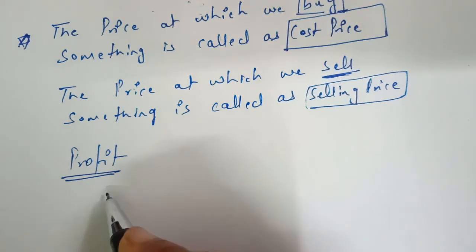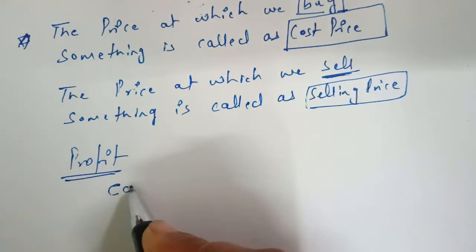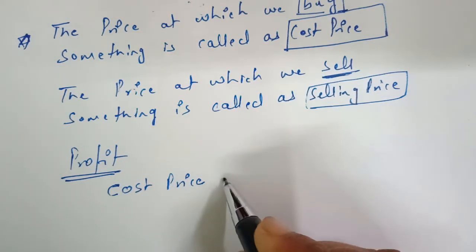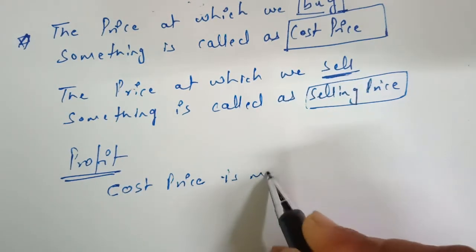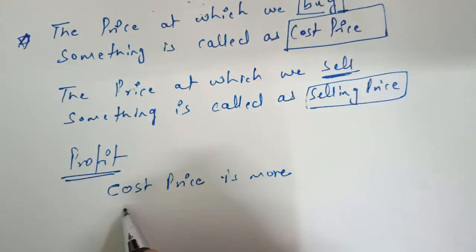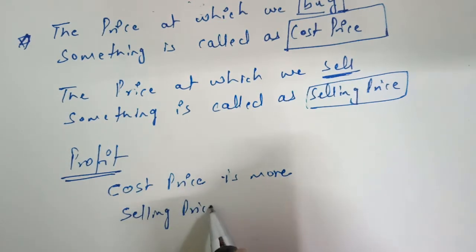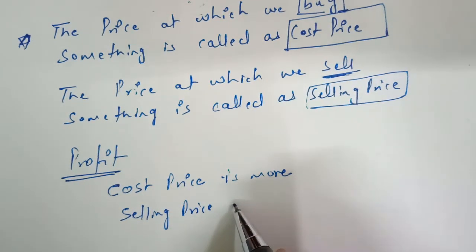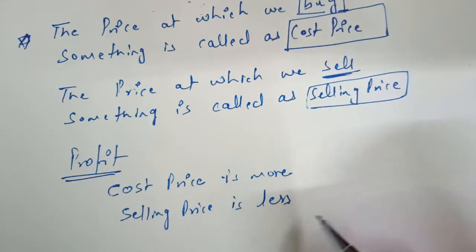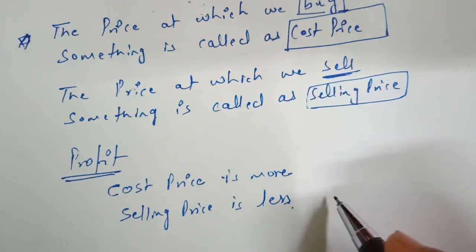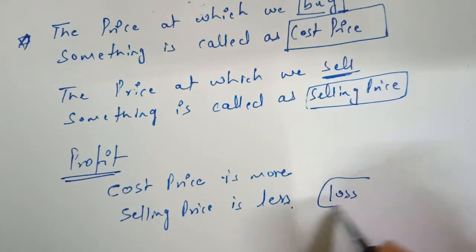If the price at which he bought, meaning the cost price, is more and the selling price, meaning the price at which he sells to the customer, is less, then he suffers a loss.